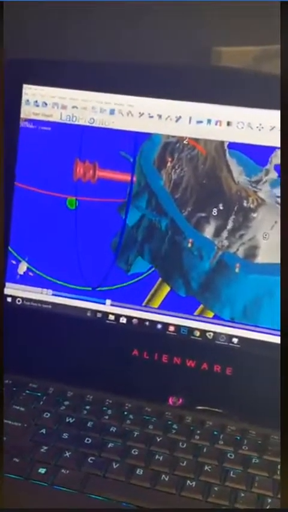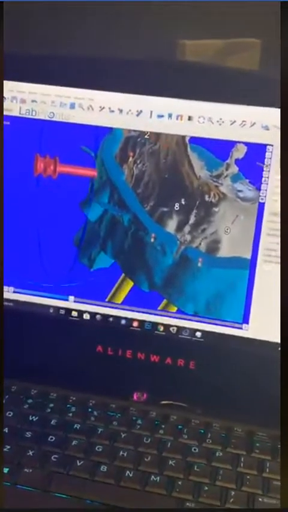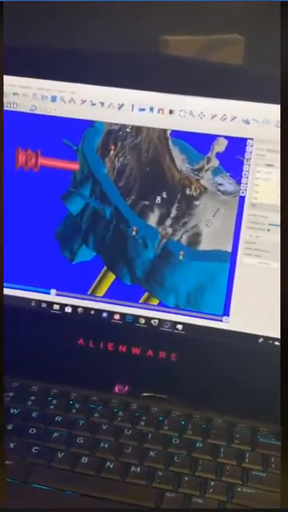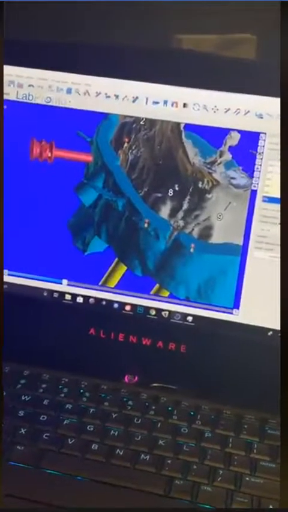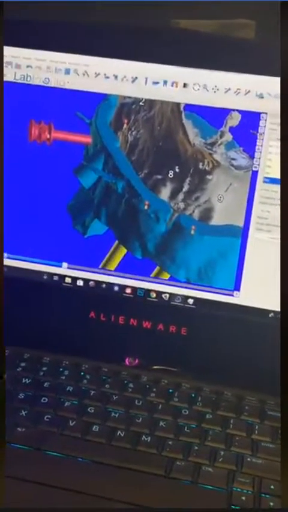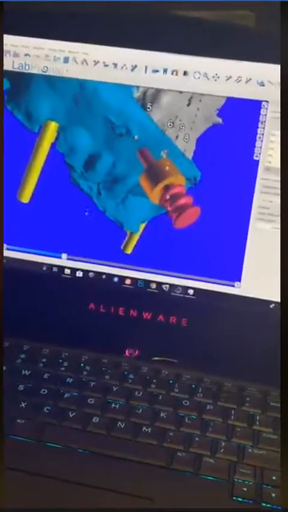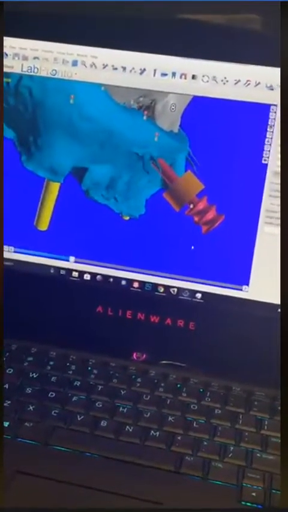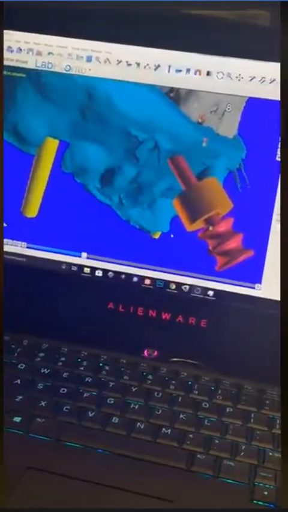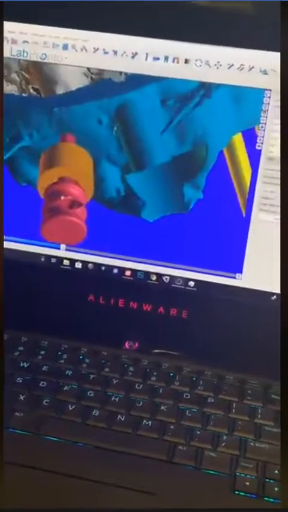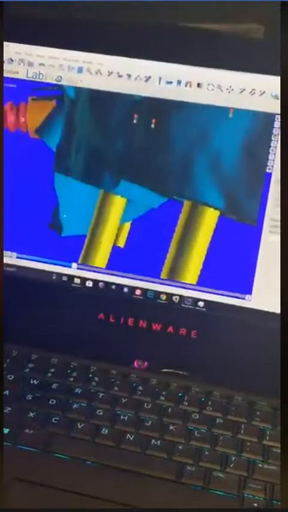Okay, so now here is our pin. Right now it's in there. I'm going to lock the pin, okay? I'm going to put a guide tube on it. So now take a look at the guide tube that shows up as a default from Blue Sky Bio. Take a look at my guide tube. I'm going to show you the other side.